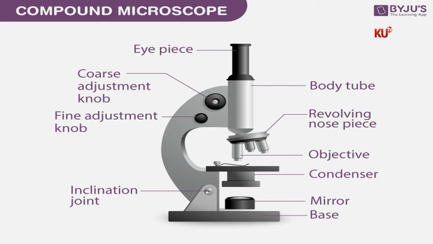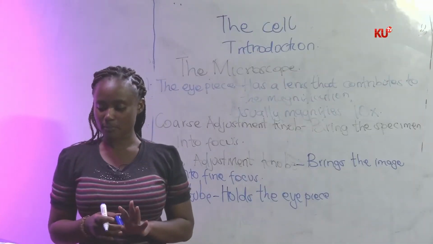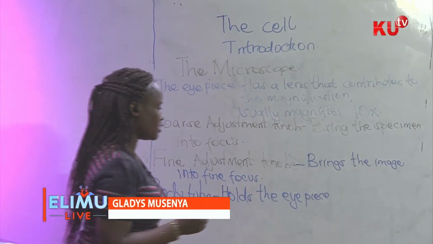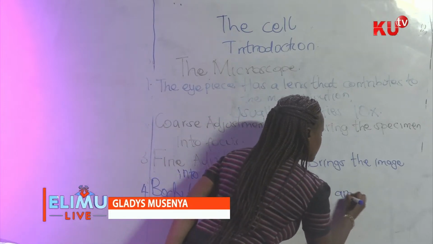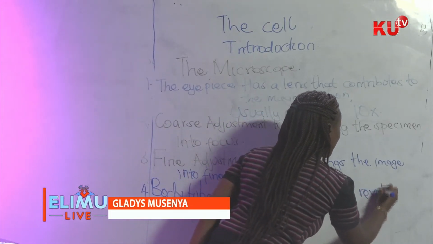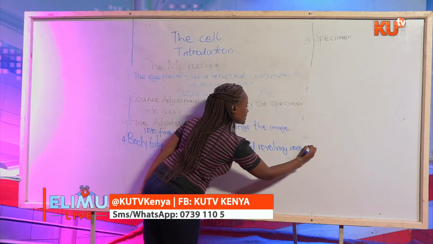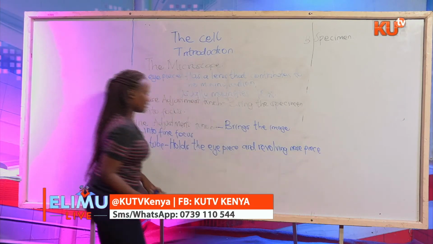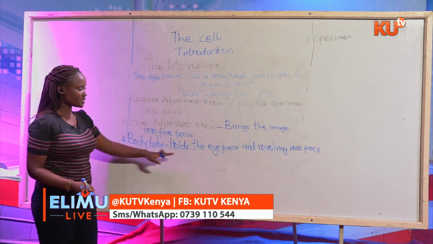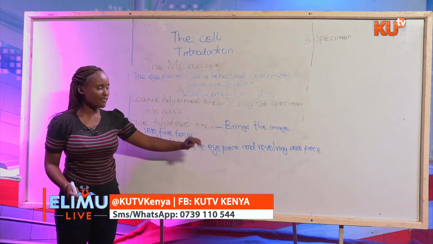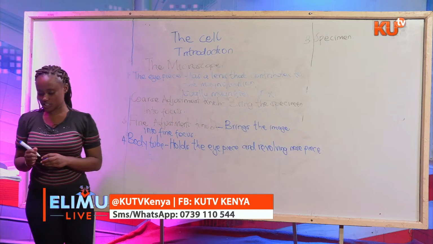So the work of the body tube is holding the eyepiece and the revolving nose piece.